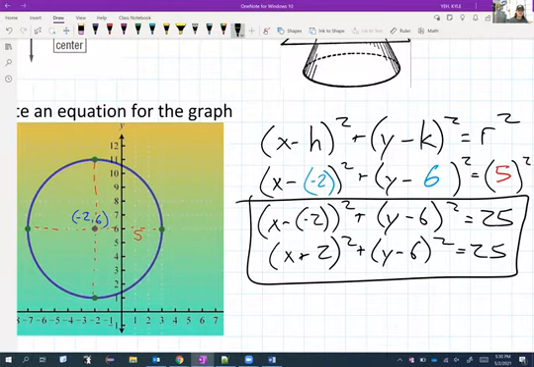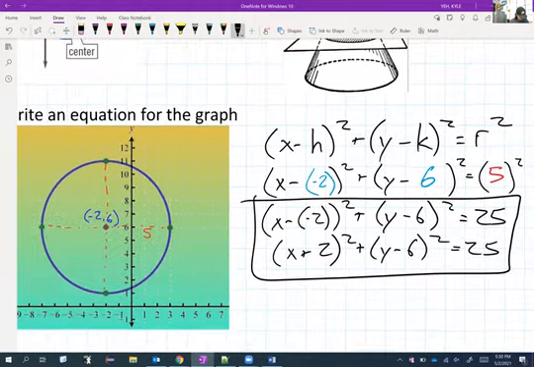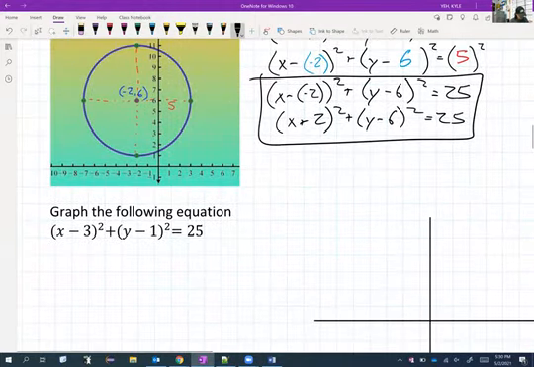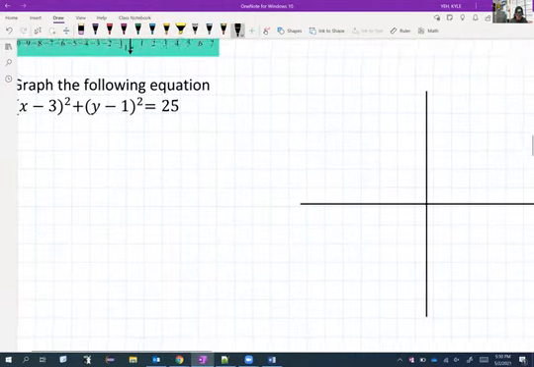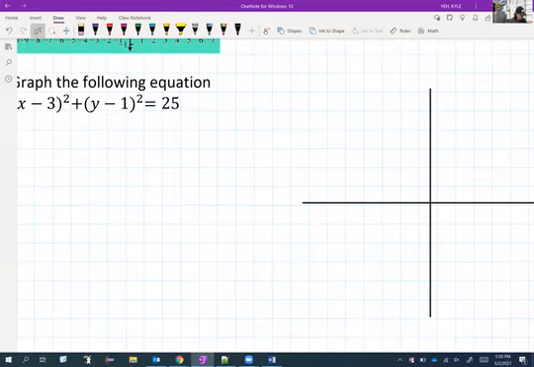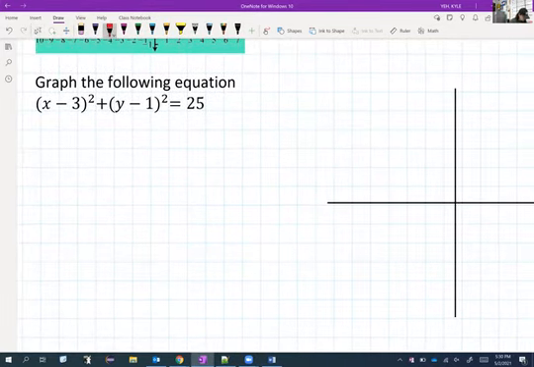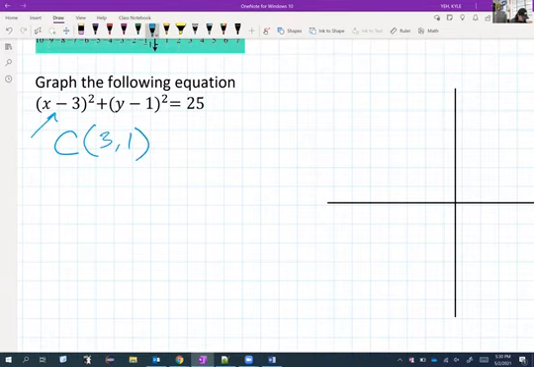All right, let's look at another problem. It's the opposite of that problem above, and just what I was talking about. Graph (x - 3)^2 + (y - 1)^2 = 25. Well, this tells me that the center is at (3, 1), whatever makes that 0, and then whatever makes that 0.